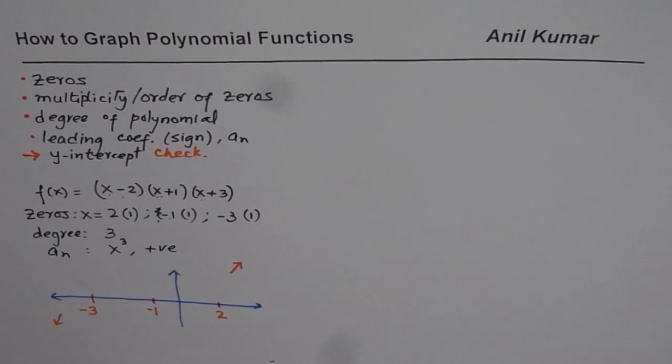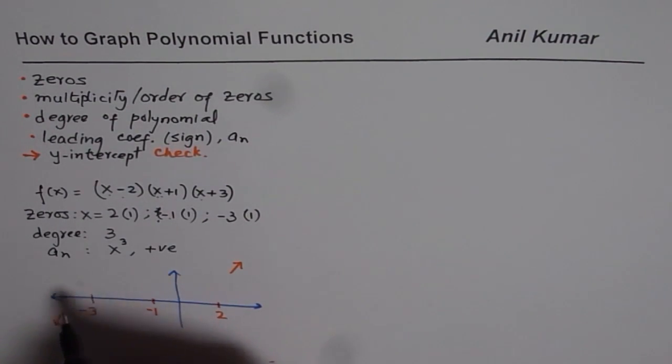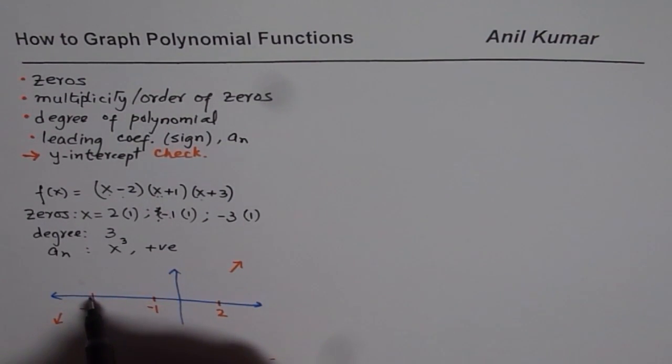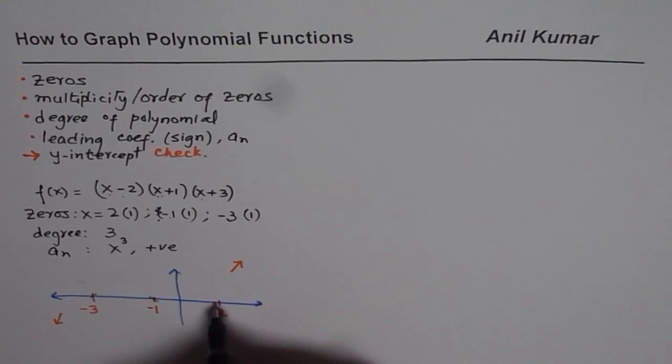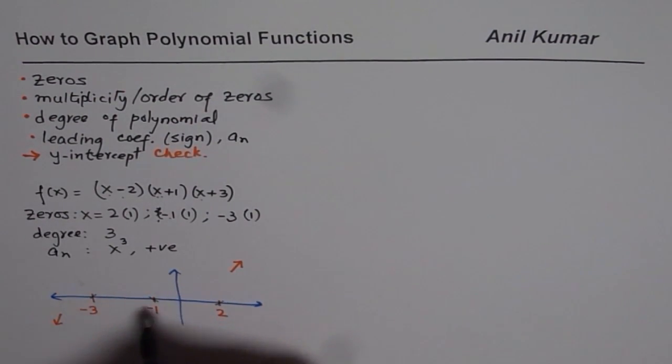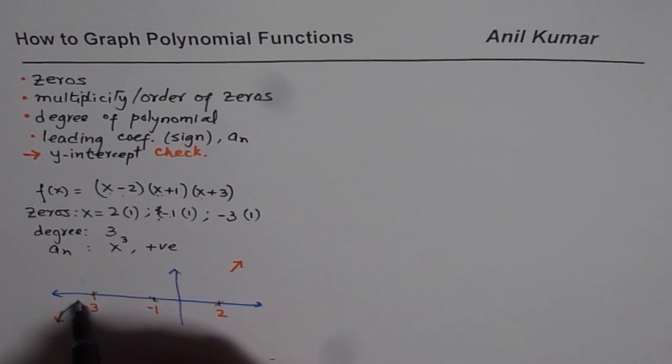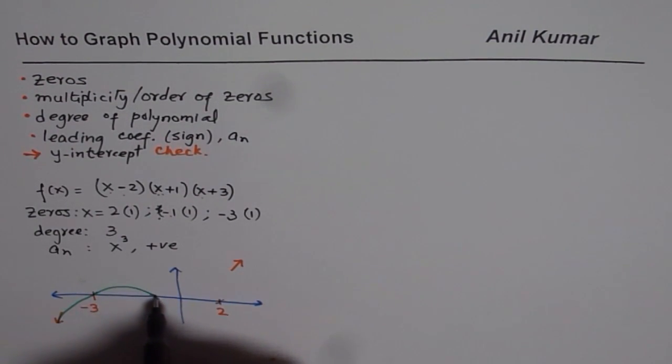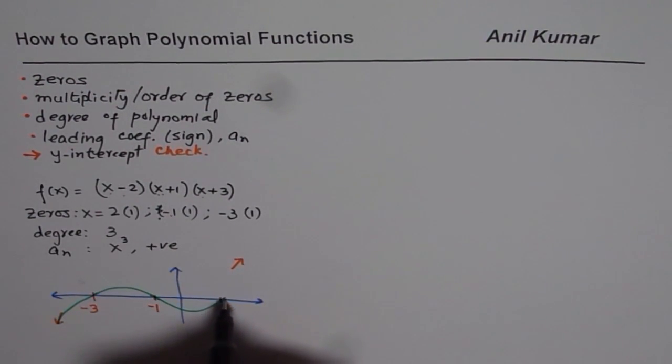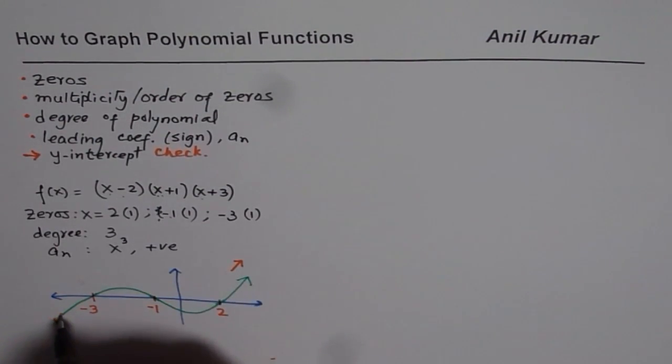Let us sketch a graph connecting these points. So approximately what we will do is we'll just go crossing them like a line. Do you see that? Because these are all linear. So they'll just cross in the fashion of a line. And you know, the graph of a polynomial is a very smooth graph. So we'll make a smooth curve as shown here.